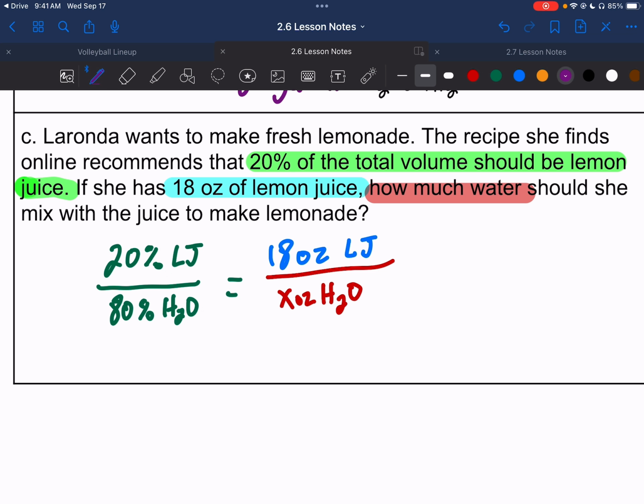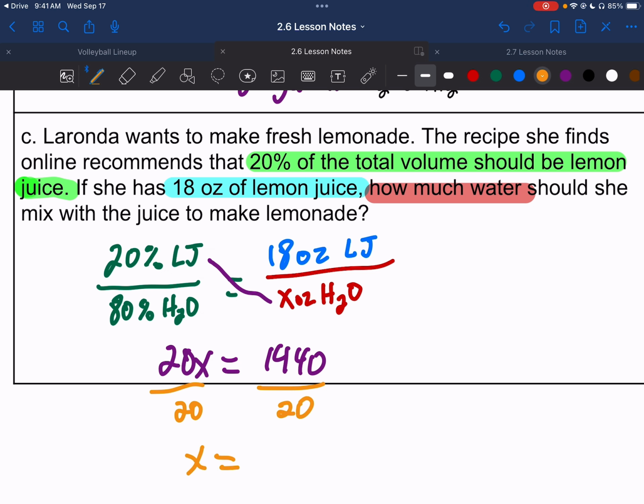And now to solve this, we need to cross multiply. 20 times x is 20x. 80 times 18 is 1440. And then we are going to divide both sides by 20. We've got 72 ounces of water.